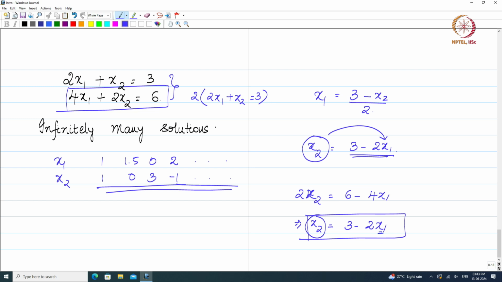Because x2 is expressed in terms of x1, the information conveyed by x2 is actually captured by the information conveyed by x1. That means we have some kind of redundant data here, which is very evident because the second equation is a redundant form of the first one. So you have some kind of redundancy here.